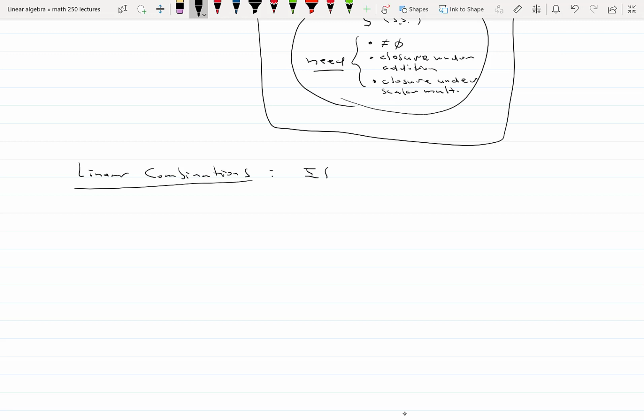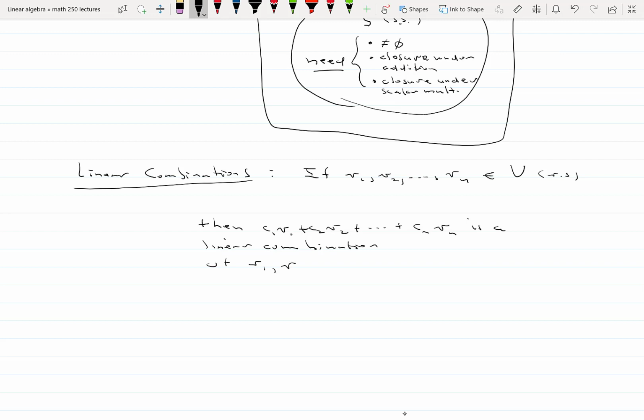If V1, V2, let's say all the way up to Vn, are elements of V, a vector space, then C1 V1 plus C2 V2 plus ... all the way up to Cn Vn is a linear combination of the vectors V1, V2, all the way up to Vn.